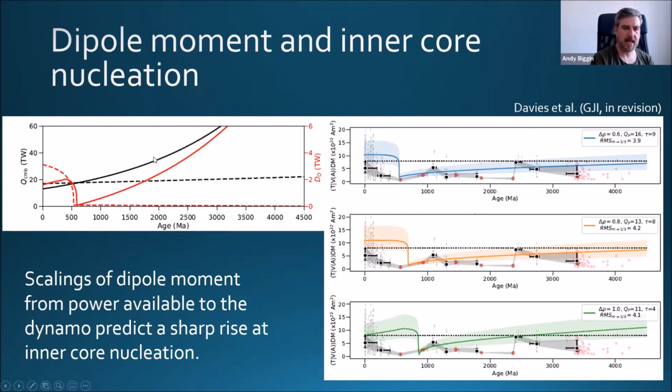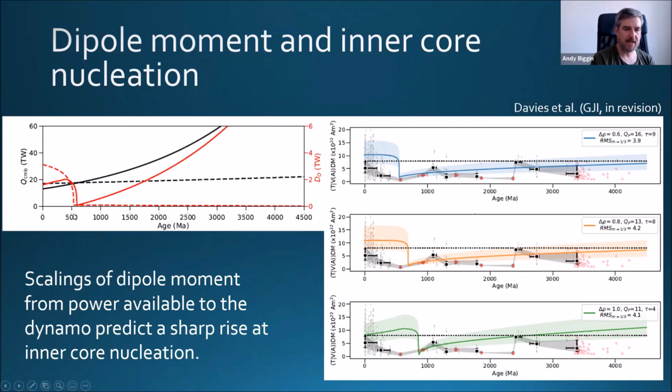And what you can see then is, in red, the power available to drive the dynamo. Okay, so how efficiently it can use this heat flow across the core mantle boundary to generate a magnetic field. You can see that through large parts of geological history, these tracks fall somewhat underneath the total heat flow.